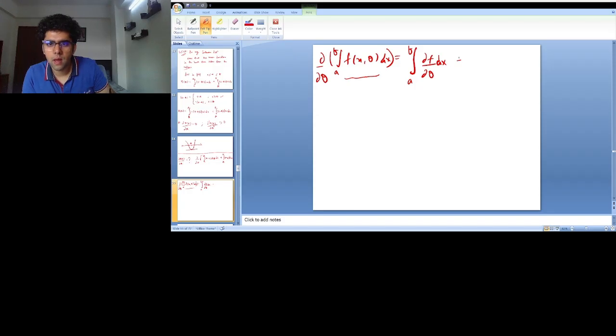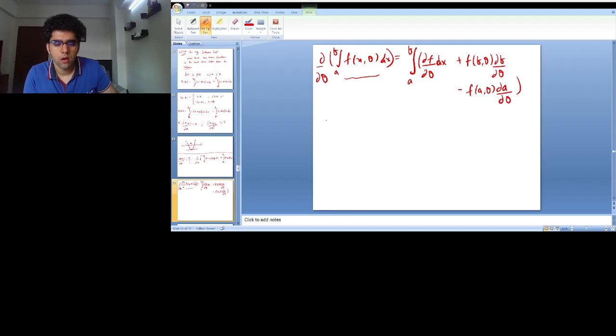Then add f, now substitute b in place of x, right? f(b, theta) del b by del theta, and subtract f(a, theta) del a by del theta. Find the integral of this whole expression then, right?